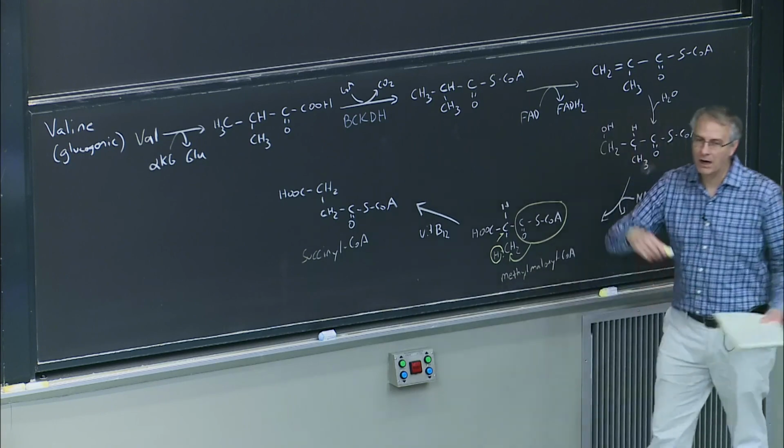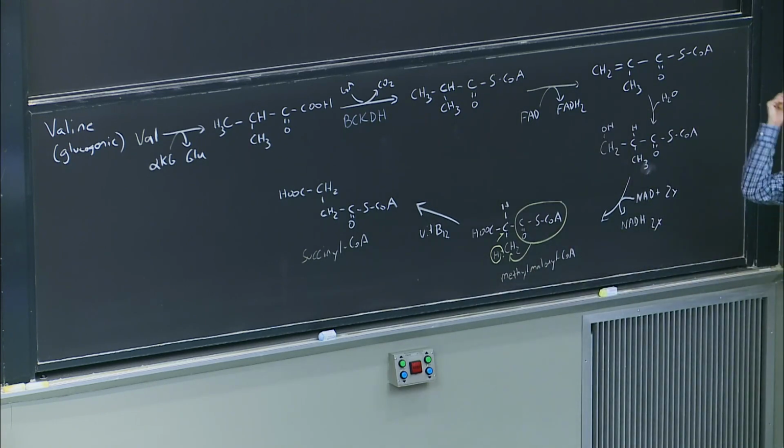Succinyl CoA can be oxidized in the TCA cycle to generate ATP, but we can also use it as a substrate for anaplerosis of the TCA cycle, so it can be used to generate glucose, and so that's why valine is a glucogenic amino acid.